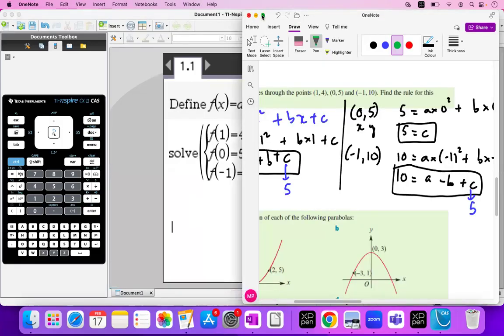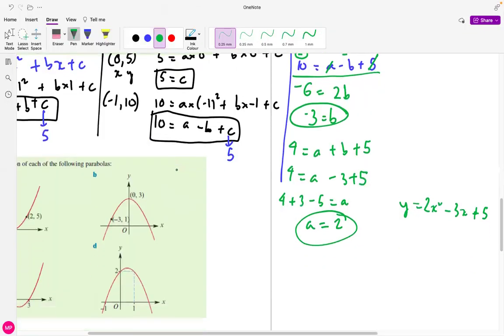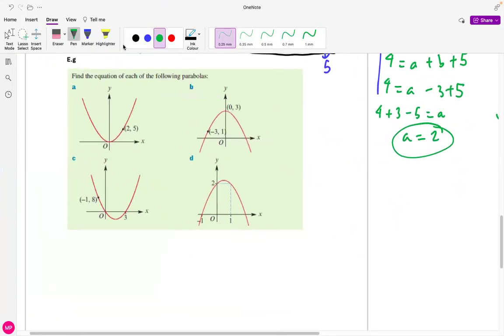All right. We're going to do a few more examples underneath here. Pretty much the same thing. For the first one, they give me the turning point is 0, 0. So I can use the turning point form y equals a times x minus h squared plus k, where h is 0 and k is 0. So y equals a x squared.